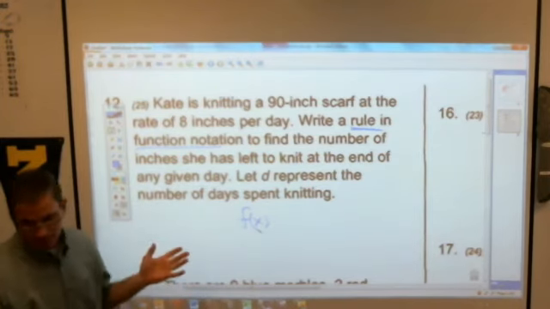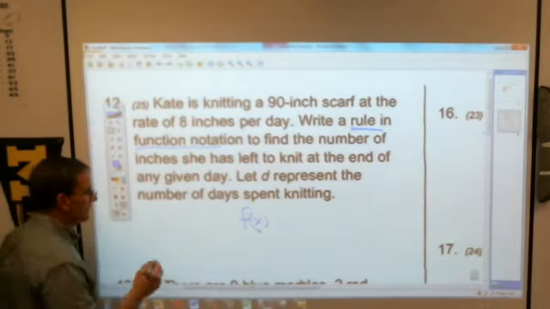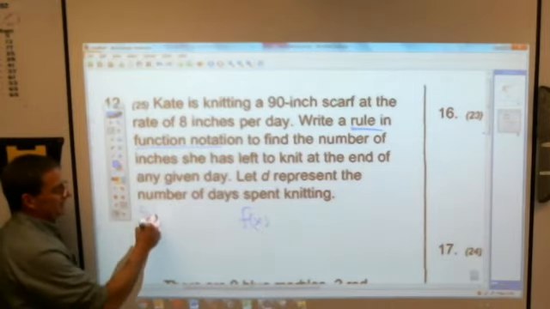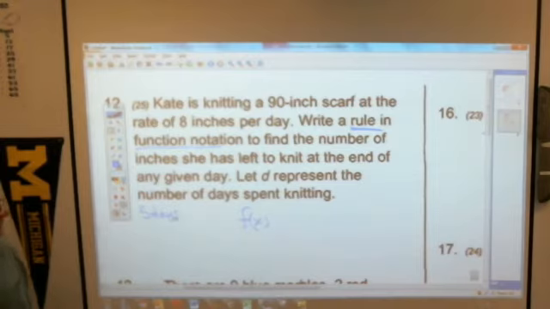So pick a day. Give me any number of days. Small number, because we don't want to make it hard. Okay, 5. So let's say if she knits for 5 days, Brant, how much will she have knitted if she knits at 8 inches a day? If you do 8 inches a day and you knit for 5 days, how much have you done?